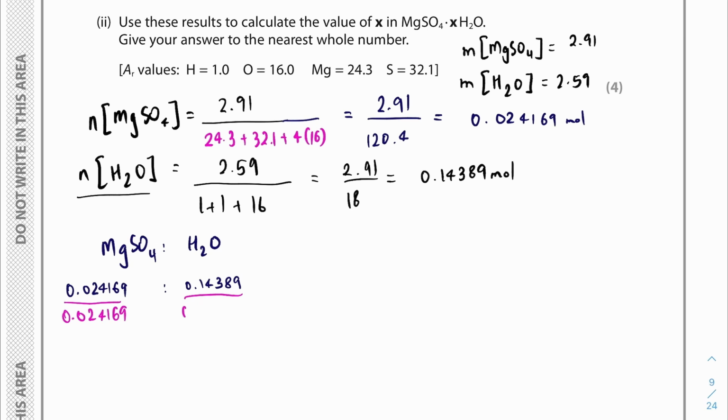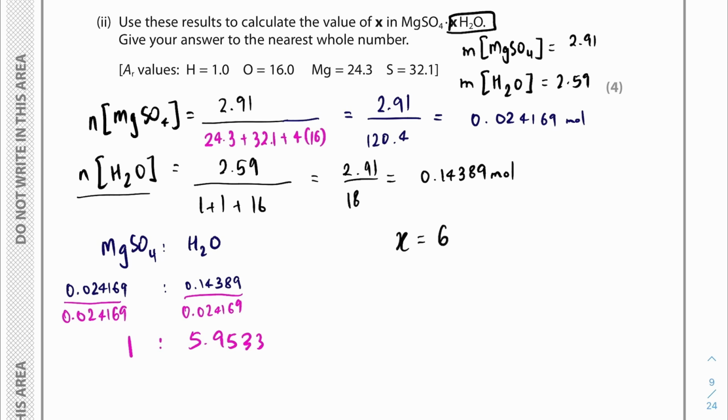0.024169 divided by 0.024169, and we end up with 1 to 5.9533. What does that conclude? That concludes how many water molecules are present here. So X equals 6.